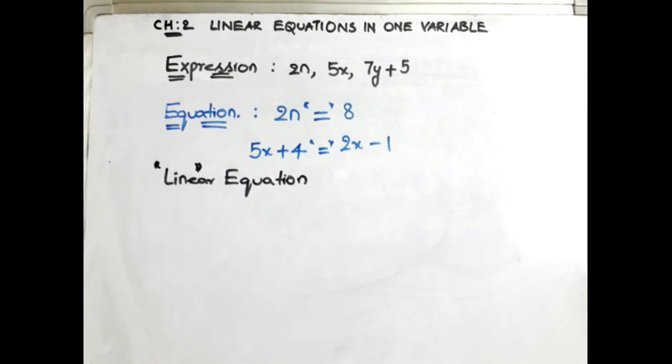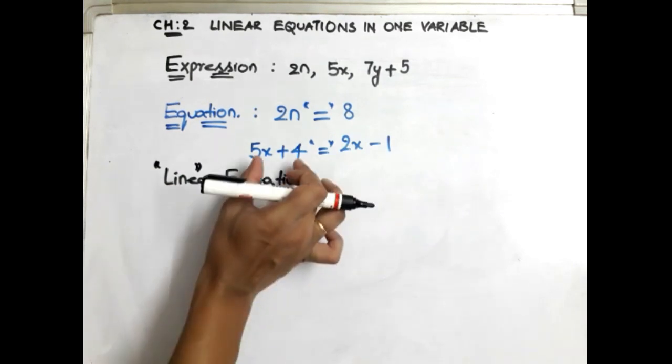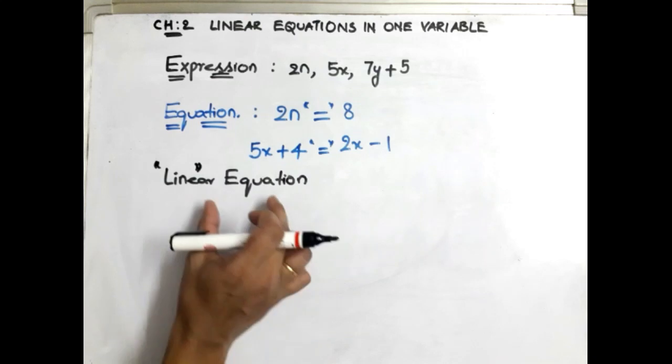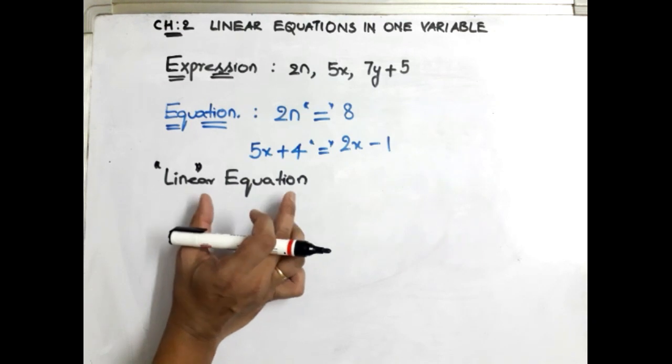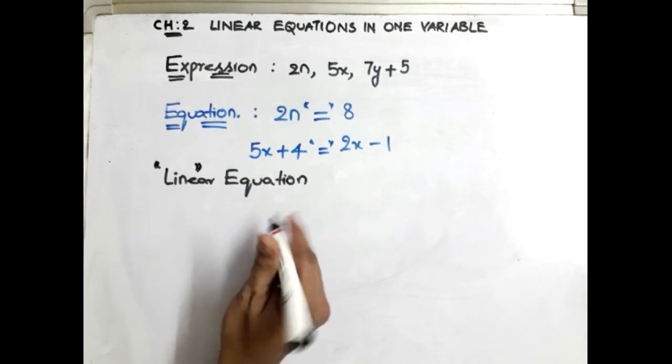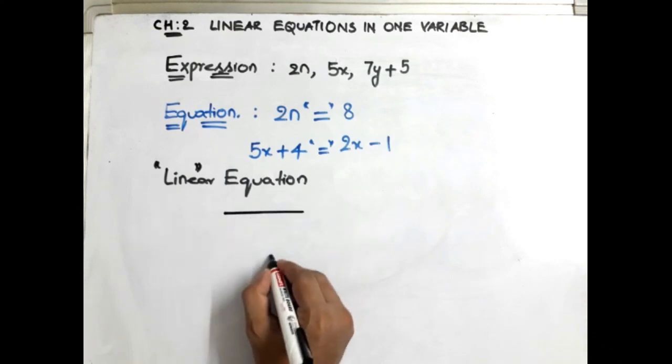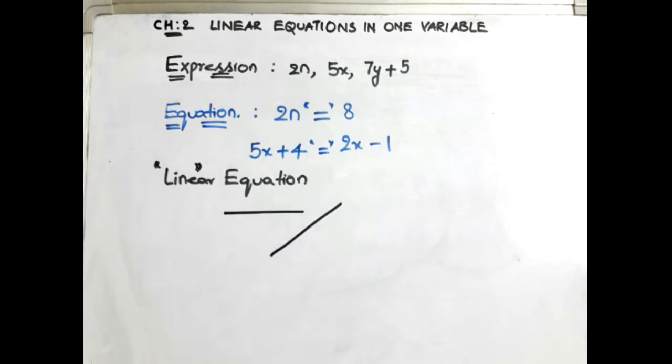That means when these equations which are linear in nature are drawn as graphs, they will come as straight lines like this.